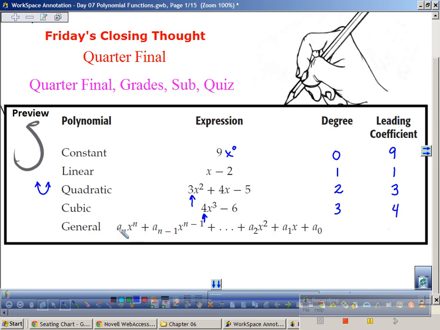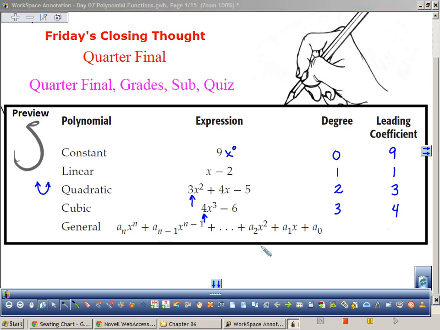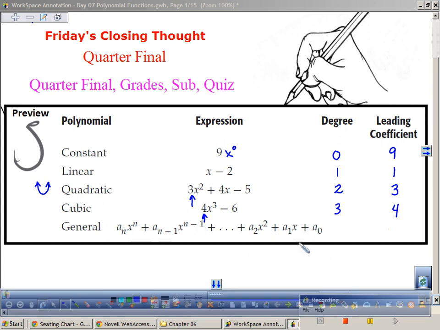So what this says is, there is a number n, and that's the degree of my function. The best way to explain this is that I always like to start at the right-hand side and make sense of it. This statement right here is saying I have a to the 0, which would be my constant, right?